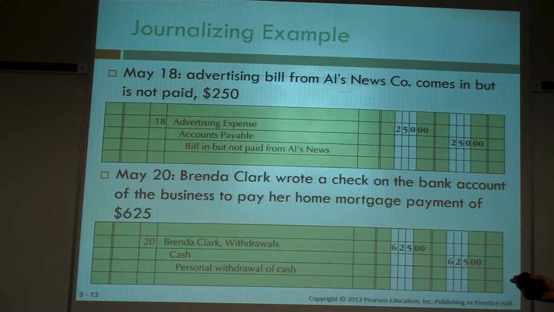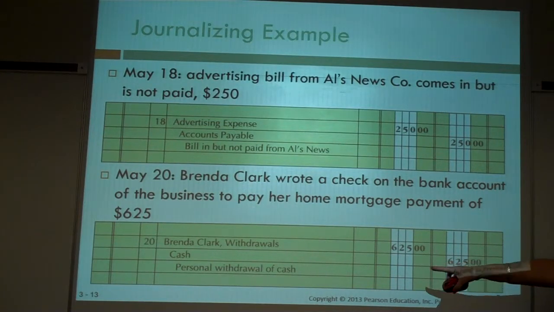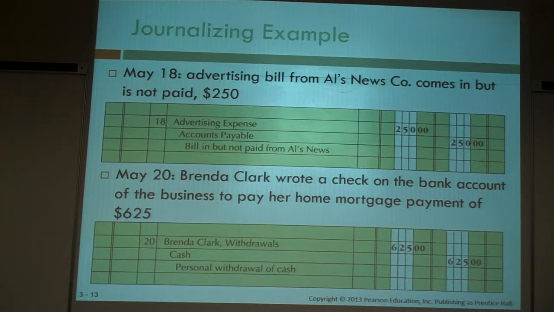So I would write an explanation: what check it was, what mortgage company it was, what month it was. We paid it on the 20th of May, but was it May's mortgage payment? I don't know, it didn't say. I would write down what it was. I might even put the account number. I would put a little bit more information there, because if the auditor's hanging over my neck, asking me why did you pay Brenda Clark's mortgage?